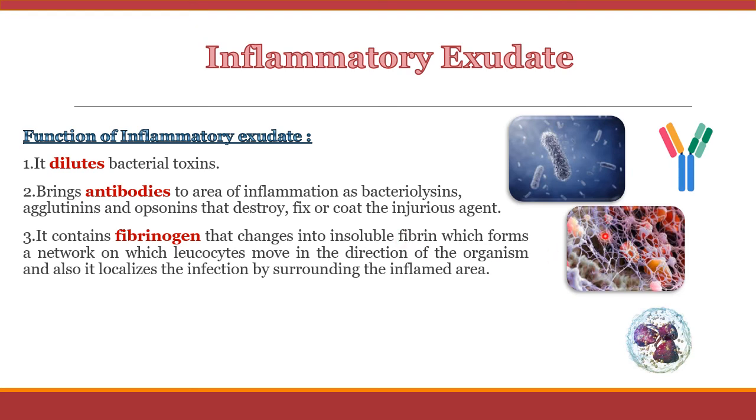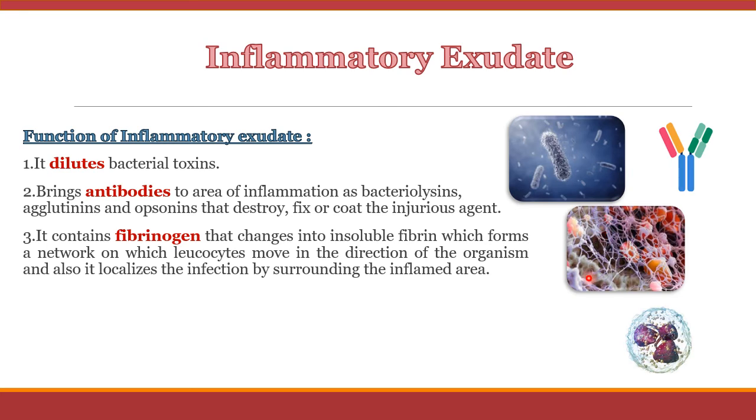It will support the leukocytes during their movement from the vessel wall to the site of the inflammation during the chemotaxis process, or their migration, in other words. So when they migrate or move in the tissues, they need support, they need a scaffold. It's exactly like a spider web that the neutrophils will use to move around in the tissues. So this is a very important function of the fibrin.